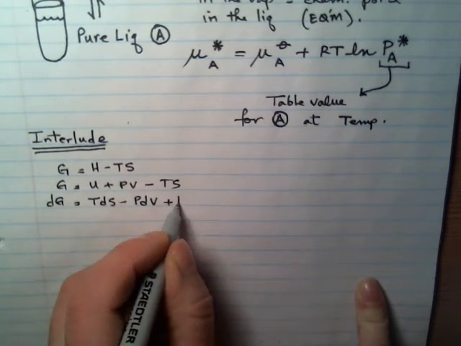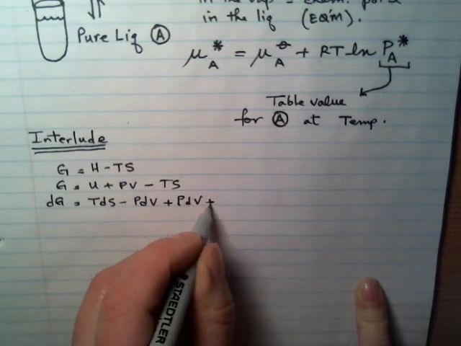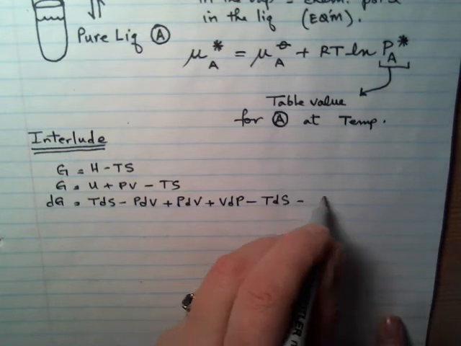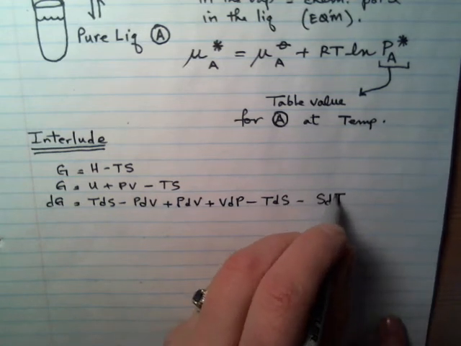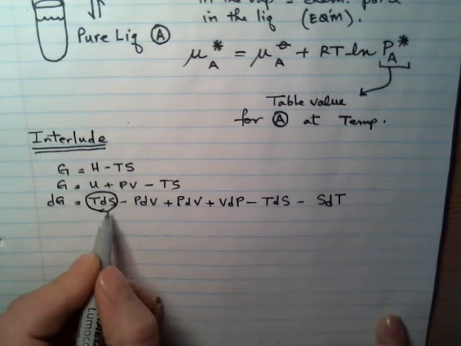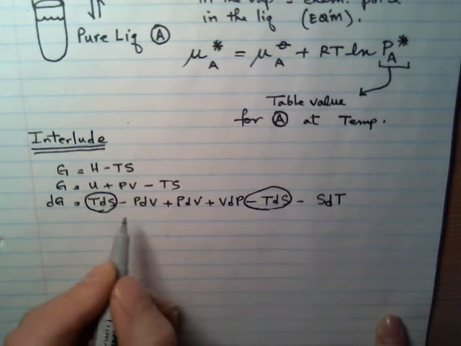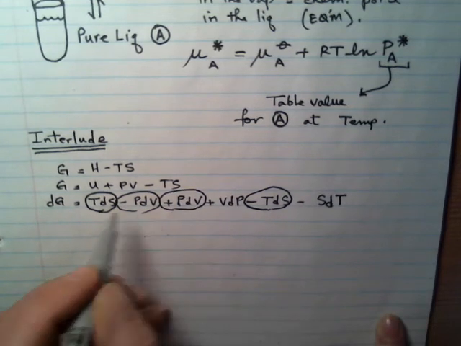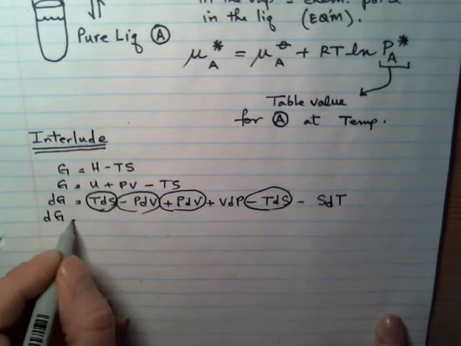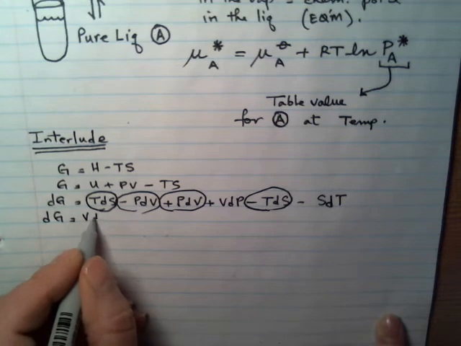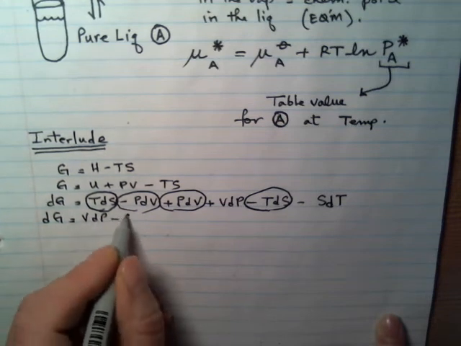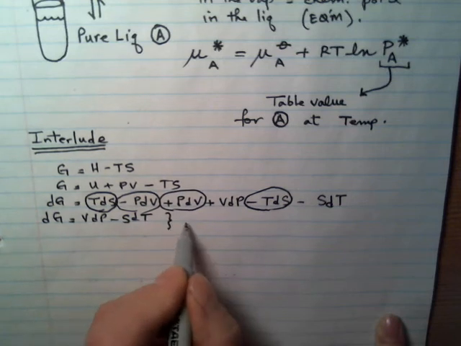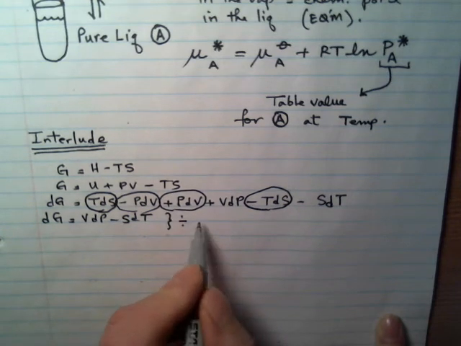Then continuing, plus PdV plus VdP minus TdS minus SdT. So this cancels with this, and this goes out with this, so I'm left with, as you well know, dG is equal to VdP minus SdT.